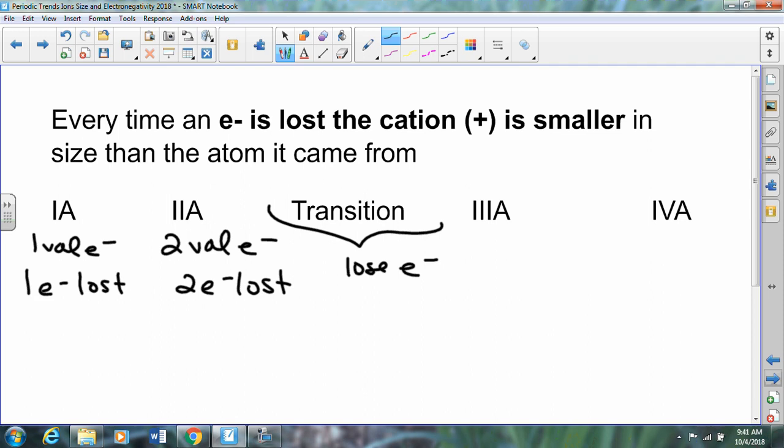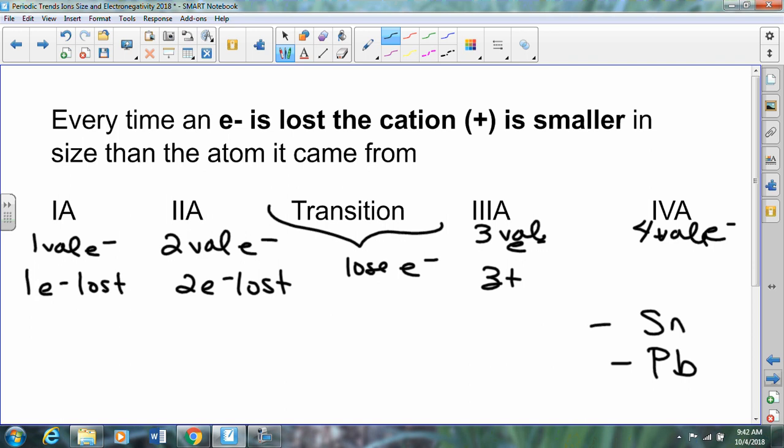This is 3 valence electrons, and so of course it's a 3 plus, and sometimes, especially tin and lead, we will have a situation where the 4 valence electrons are far enough out on the 5th or the 6th energy level that they're all 4 lost, and it becomes 4 plus. That is our trend in terms of charge.